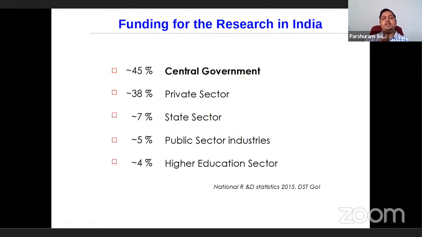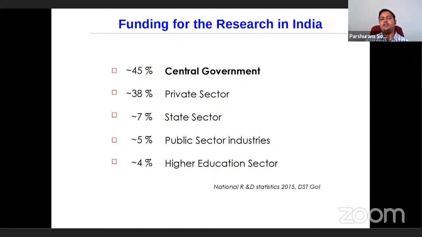If you see the scenario of funding in India, this is the national R&D statistics data, which is for all different fields, not just life sciences. Most of the research in India is still funded by the central government and the private sectors.